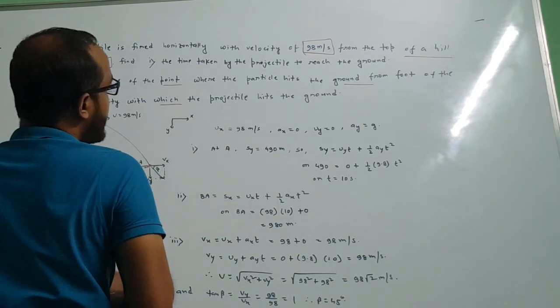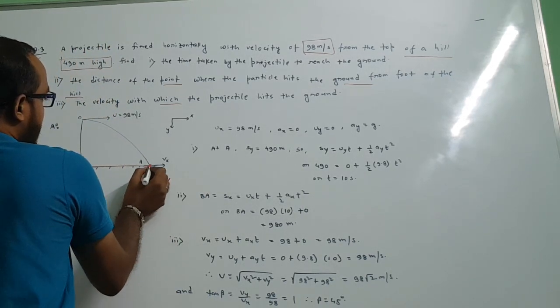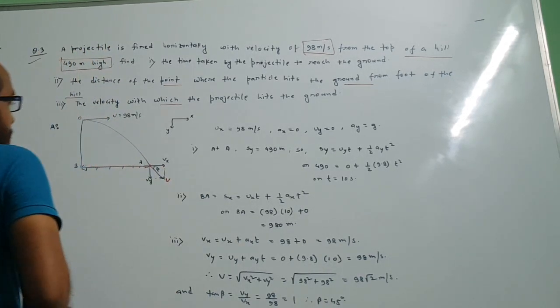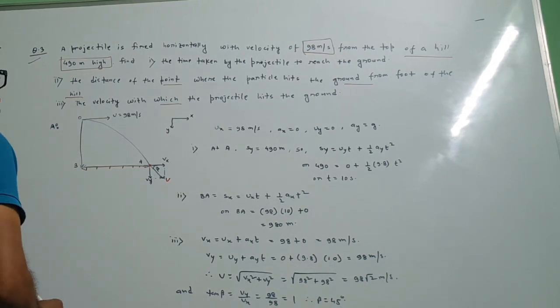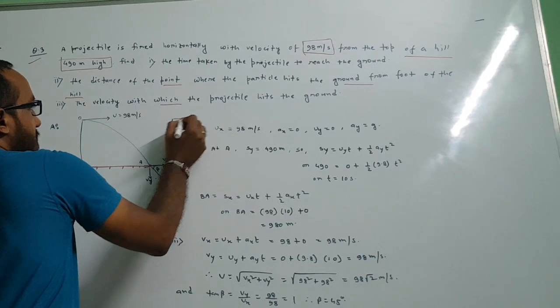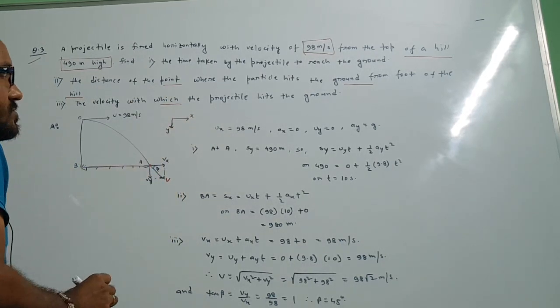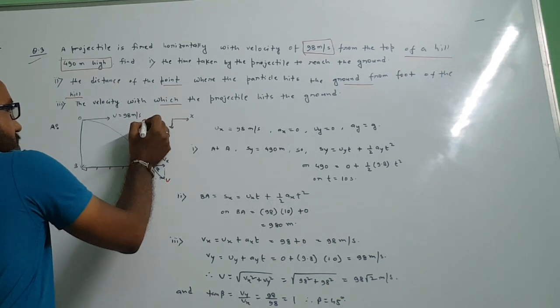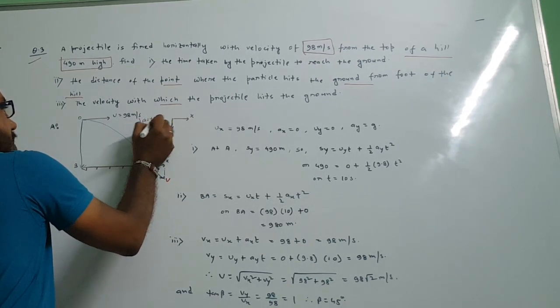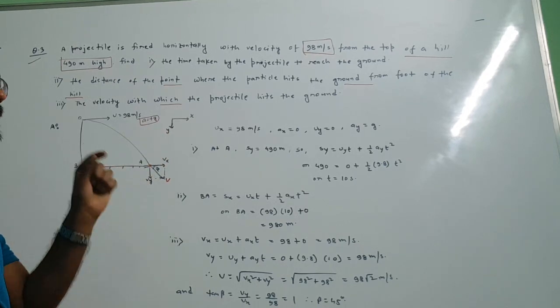The velocity with which the projectile hits the ground, that means you have to find the velocity v here when it hits the ground. See, in this problem we have taken the direction on the right hand side as x-axis and downward as y-axis. So our acceleration would be plus g, right, because we have taken the downward direction as positive y-axis.